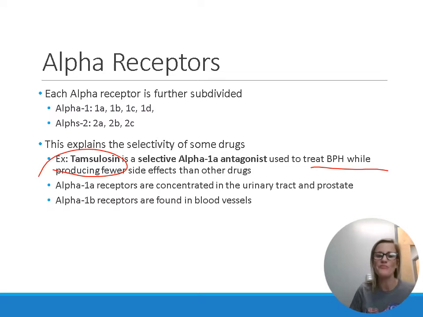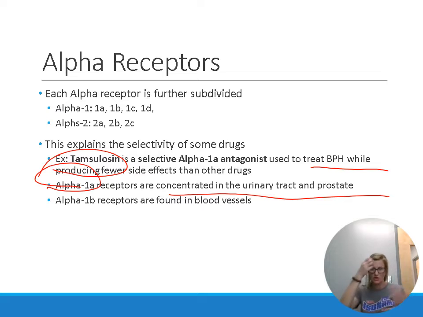Tamsulosin is specific for alpha-1A receptors, which happen to be highly concentrated in the urinary tract and prostate. So tamsulosin can cause that relaxation in the urinary tract and in the prostate and can make it easier to release urine.